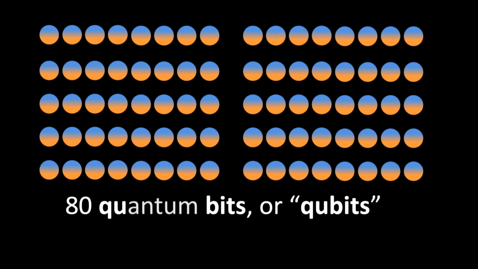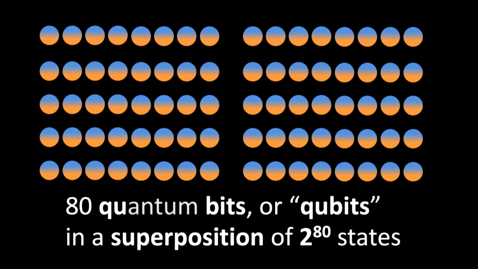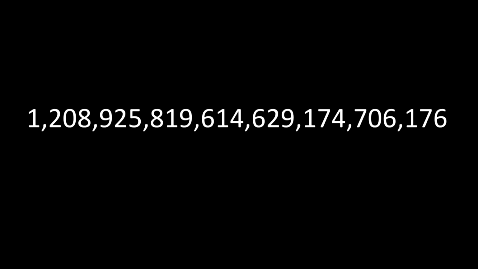Now let's make these 80 bits into quantum bits. If I have 80 quantum bits, then at any given time, I can have them all in a superposition of all possible 2 to the 80 states. And how big is 2 to the 80? Well, it's that big, but that doesn't tell you much, right?